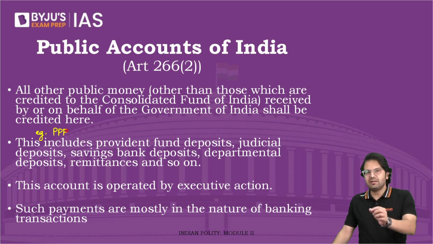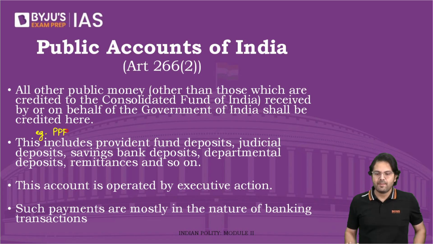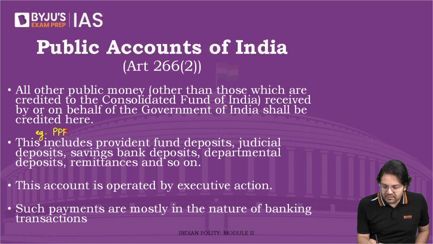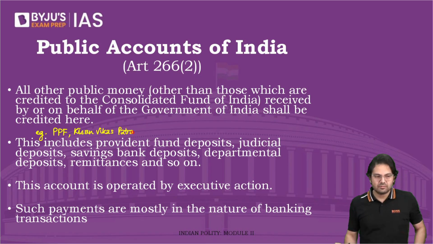You go and open the account in the bank, it sends that money to the government and the government keeps the money. Or schemes like, you can ask your parents about this scheme, Kisan Vikas Patra, KVP, opening your account with post office.